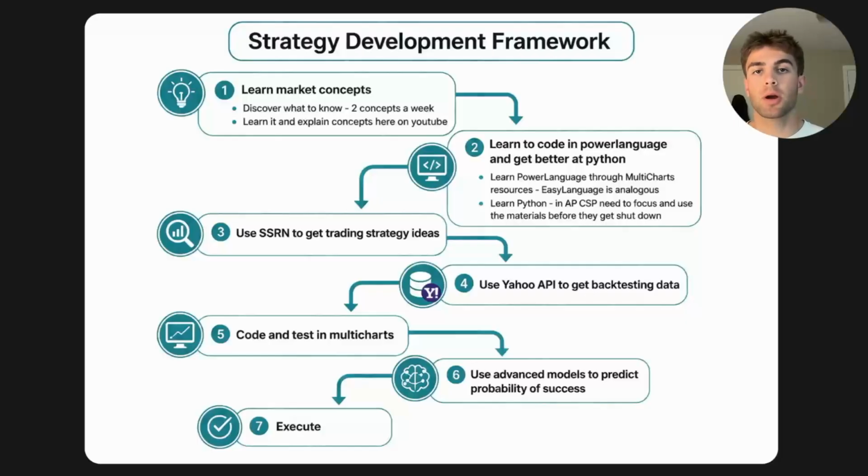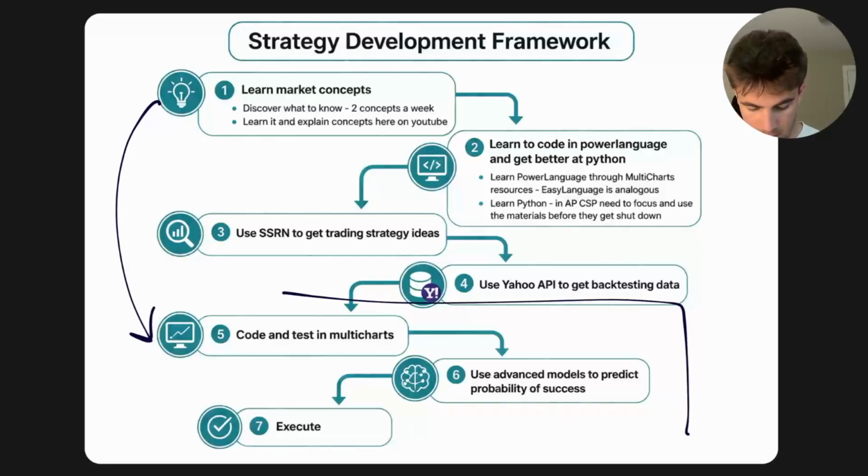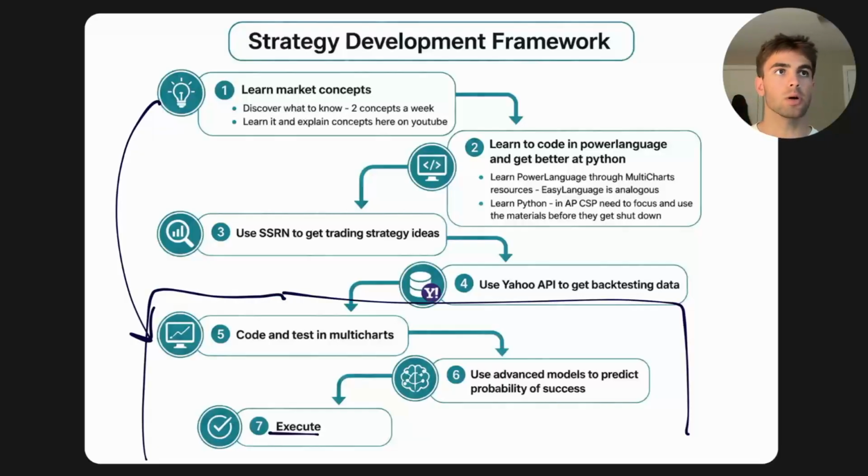This was the framework I built a couple weeks ago. We are, again, down here in this section, executing, not in the real world, but executing with the backtests and testing in MultiCharts.